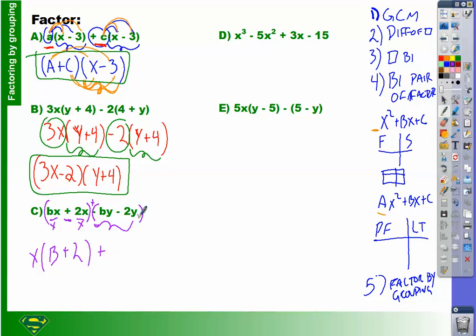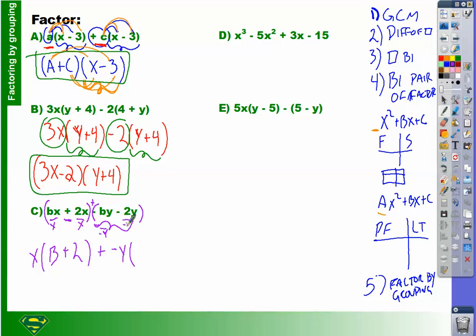All right, plus. So looking here, I have two negative terms. What goes into both of these binomials? What goes into negative by and negative 2y? What goes into both of them? Negative y. So I'm going to factor out a negative y. So I'm going to divide this by negative y.